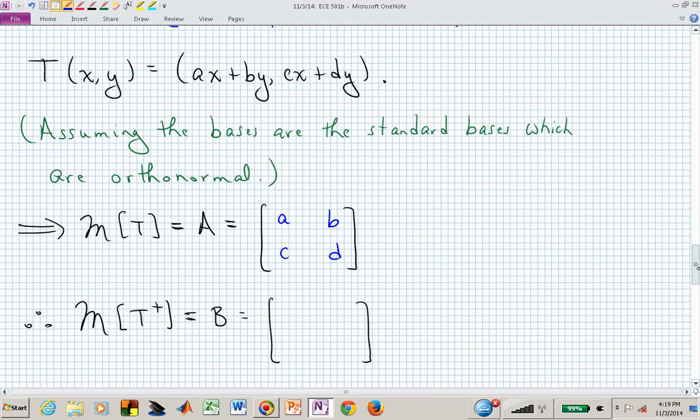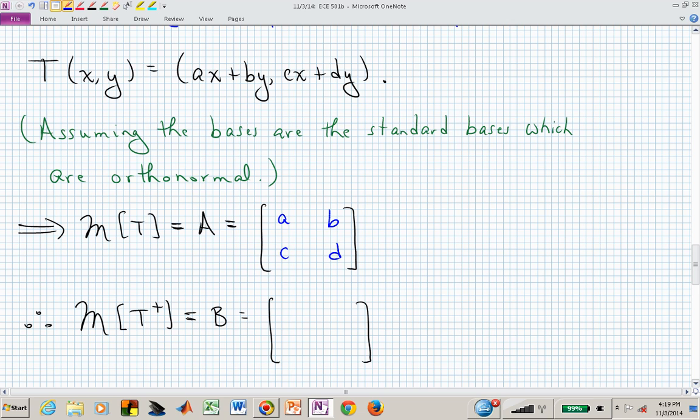If that's the case, and look at what I've put in parentheses, that's the assumption we're working on: that the basis, that's the plural, but here if it's an operator we're working with the same vector space, so we really only have one basis. But you could have a linear map T, and then you would need the input vector space and the output vector space to have orthonormal bases. That's the generalized parenthetical comment.